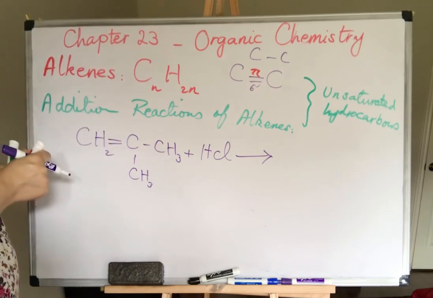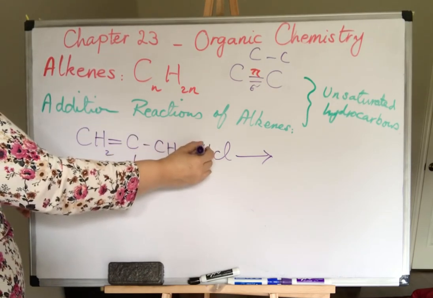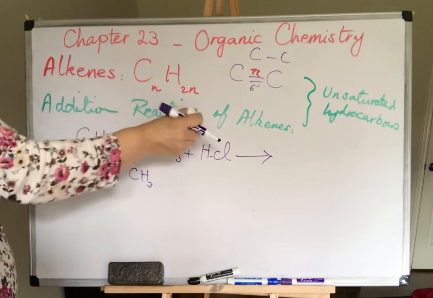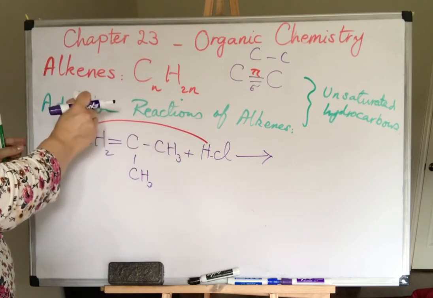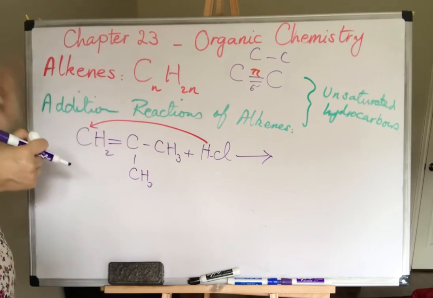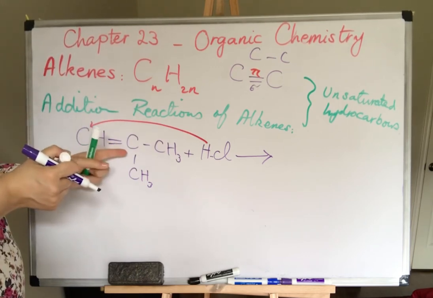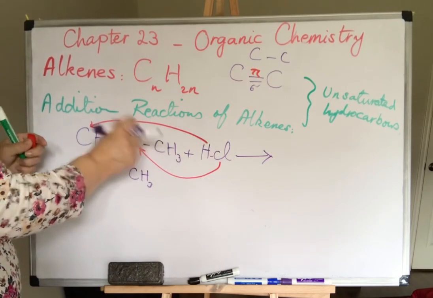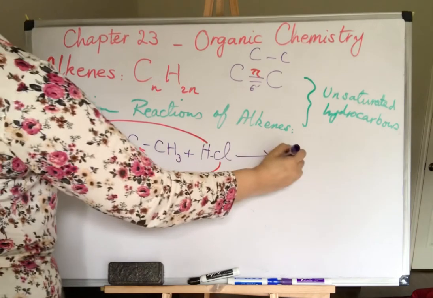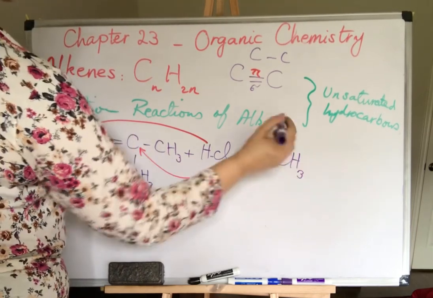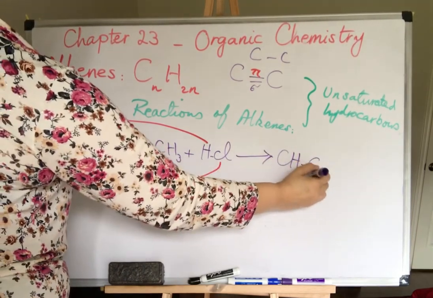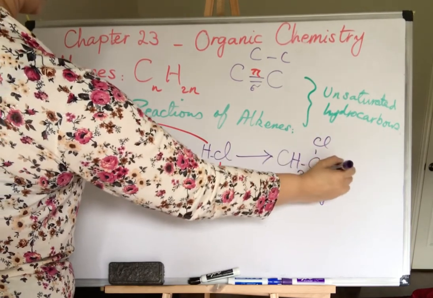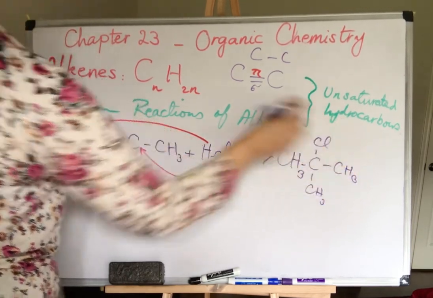According to Markovnikov's rule, first of all, you are adding hydrogen and chlorine. According to Markovnikov's rule, hydrogen will be added to the hydrogen-rich carbon, right? Because this carbon has 2 hydrogens. How many hydrogens does this carbon have? Nothing, so chlorine will be added to this. So you will choose the compound, which is CH3, C, CH3, Cl, and that's CH3.